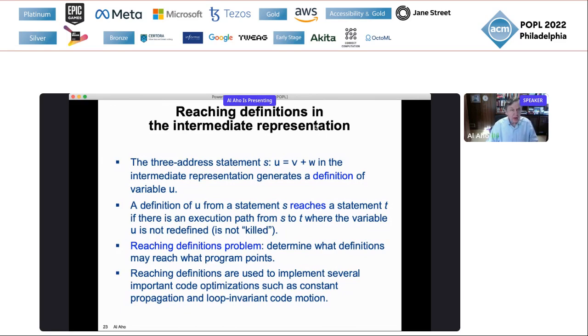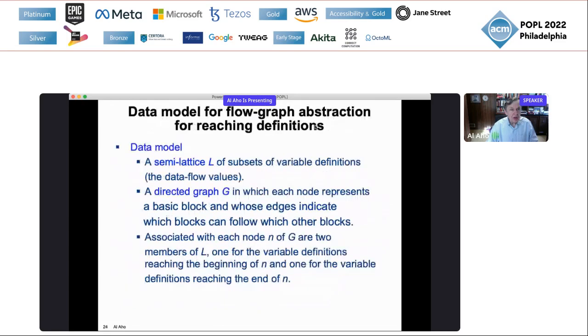Now let's take a look at the flow graph abstraction for reaching definitions. The data model for this abstraction is a semi-lattice of subsets of variable definitions. These are the data flow values.